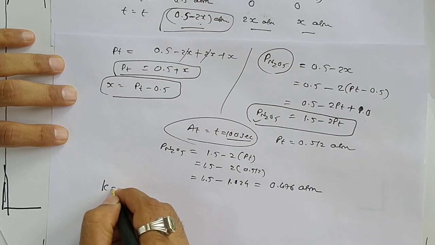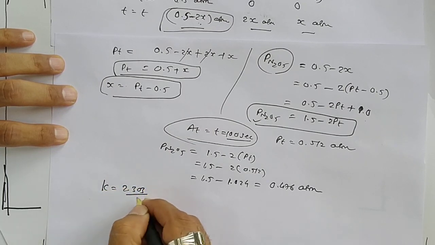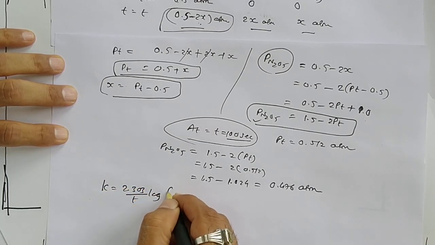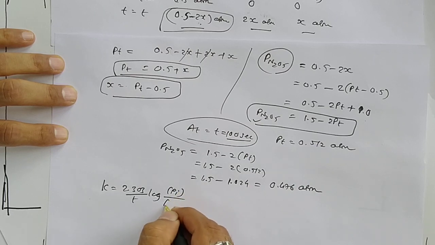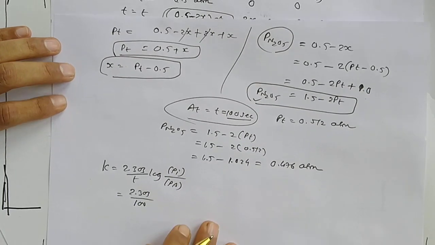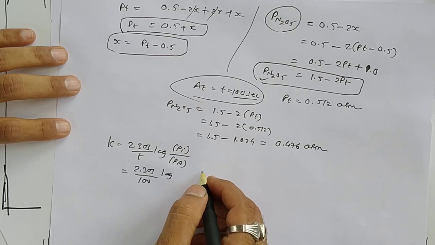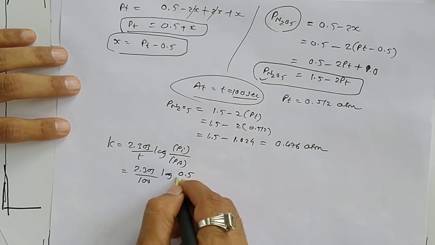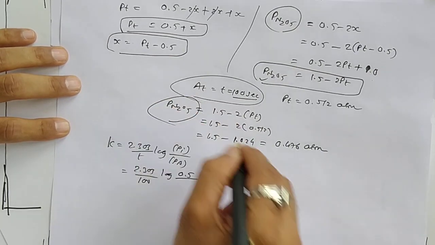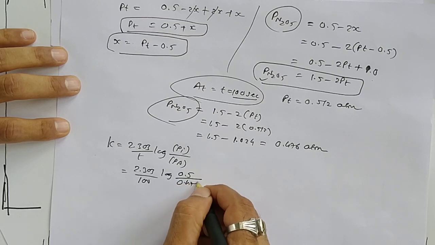Now using the first order equation, log Pi upon Pt, t is 100 second, Pi is initial 0.5, Pt is 0.476.